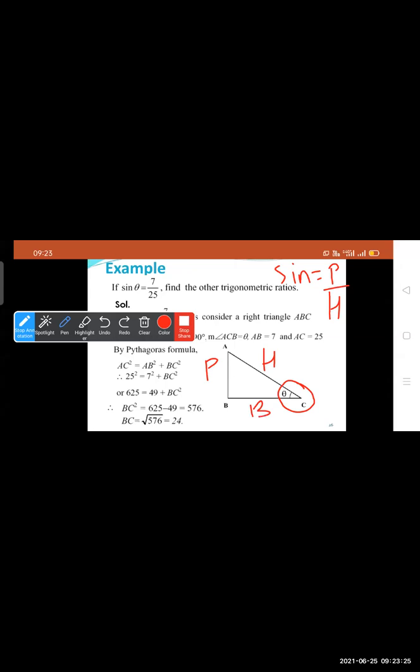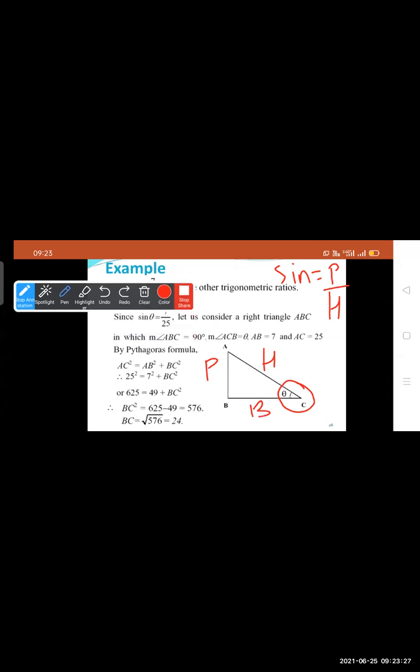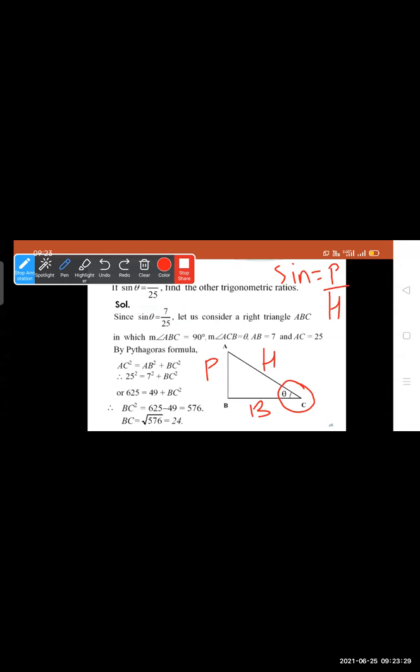Okay, we write here. Now see, since sine theta is equal to 7 by 25, let us consider the triangle ABC is a right angle triangle in which B is 90 degree and angle ACB is equal to theta.